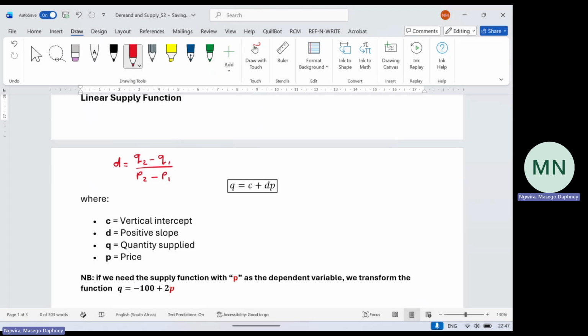That's how we calculate the slope, if you want to calculate the value of D.